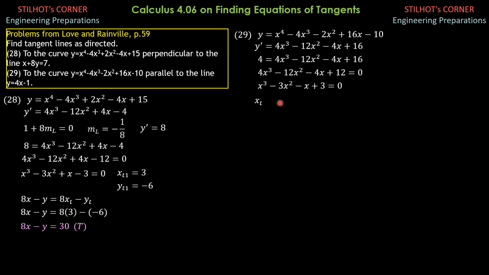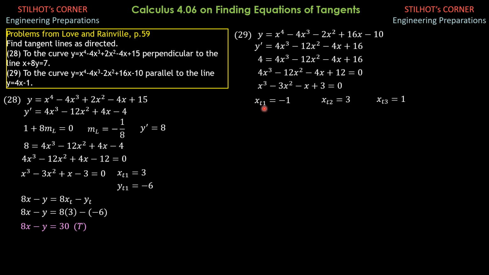So the roots are x_t1 negative 1, x_t2 positive 3, and x_t3 1, in any order, of course.